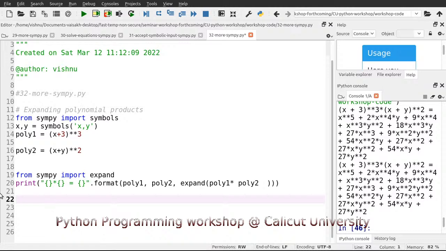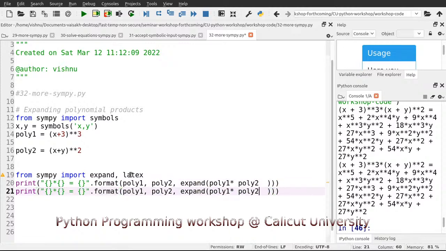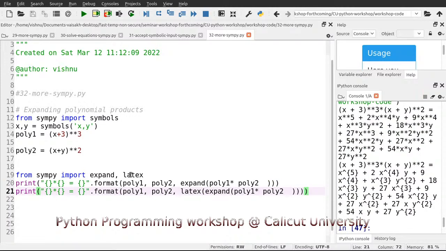So instead, let me try to find out the LaTeX code corresponding to this. So this is the expand command. After that, we see if the LaTeX expression can actually be found.